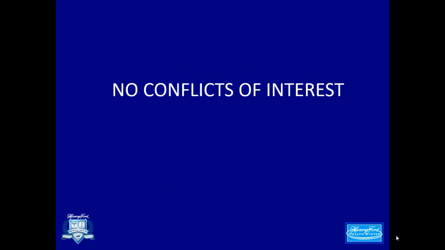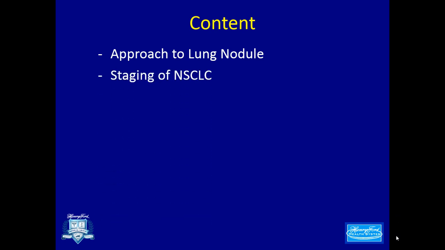First, we'll talk about the approach to a lung nodule that is suspicious for cancer. We'll go over some words on the staging of non-small cell lung cancer, the new edition that probably most of the fellows already know and have memorized by now. Clinical evaluation, how important that is when we approach a patient with possible lung cancer.